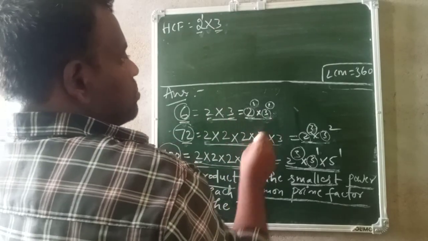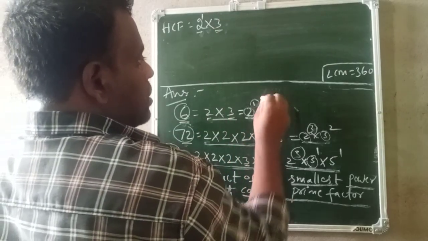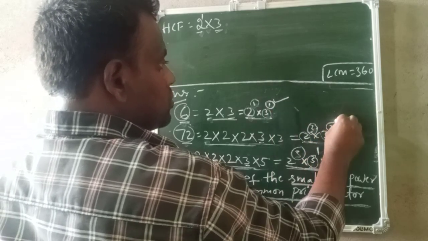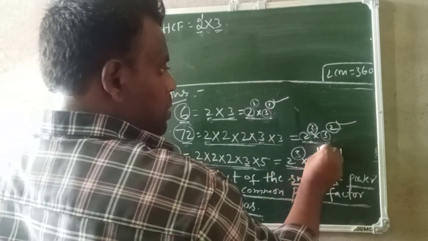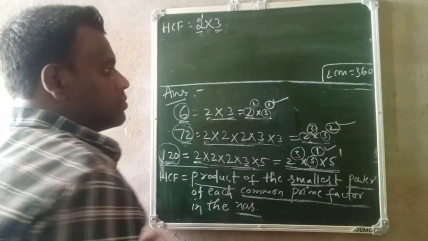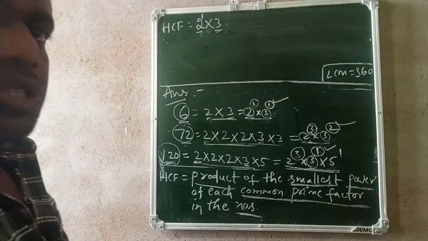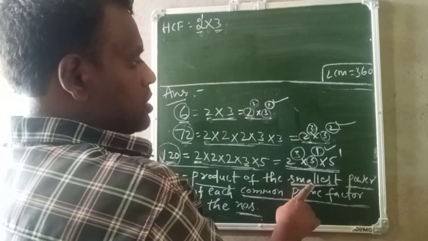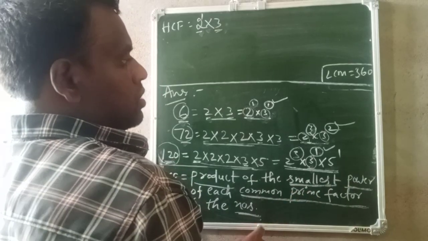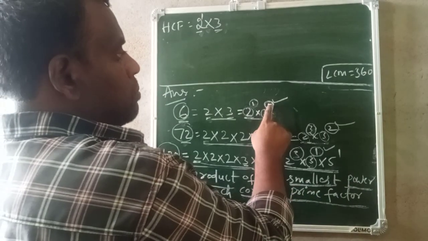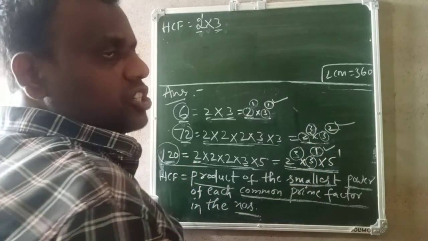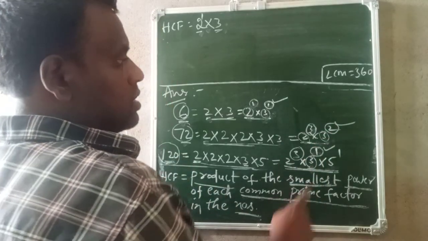Similarly for 3, consider the powers of 3. For this, the power of 3 is 1, for this the power of 3 is 2, and for this the power of 3 is 1. Next, we have to identify the smallest power. Which is the smallest power? 1, right?